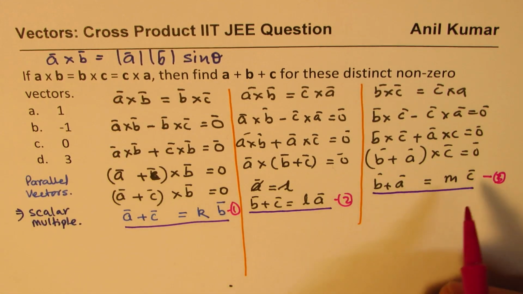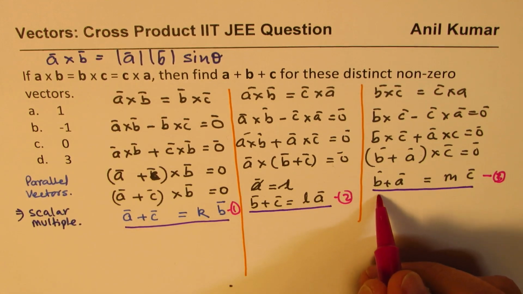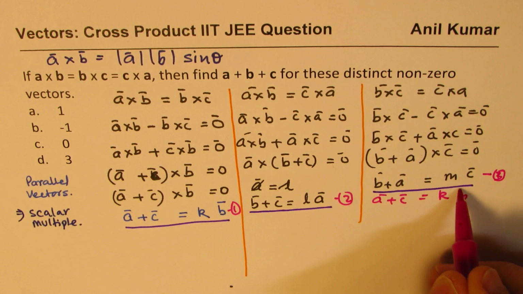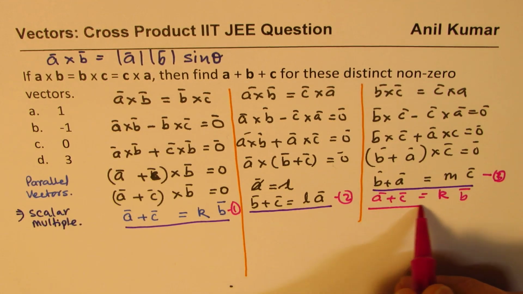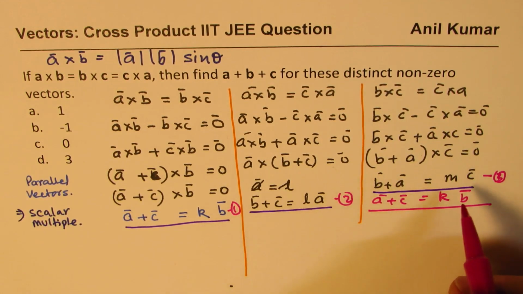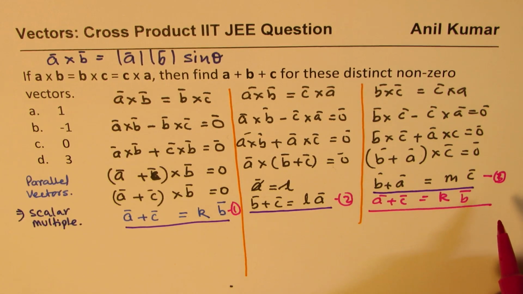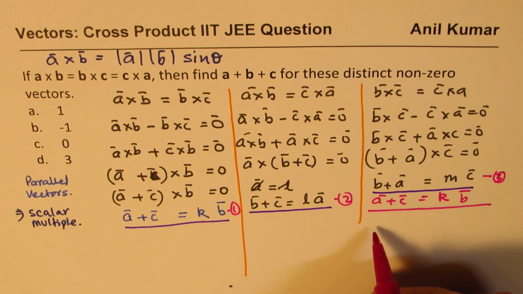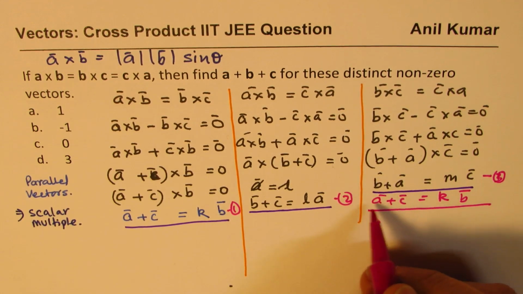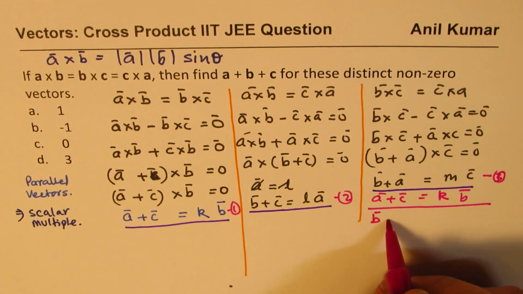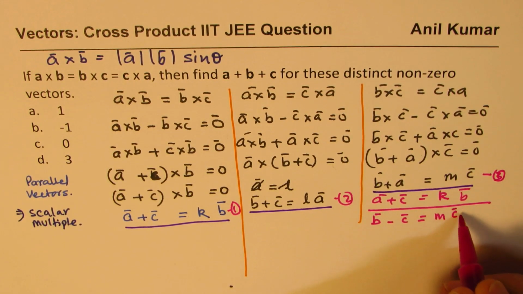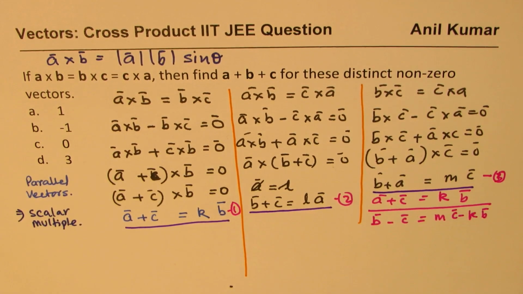If I combine the equation A plus C equals K times vector B, and if I take away, then A and A cancel. We are doing takeaway. Vector B minus vector C is equal to M times vector C minus K times vector B.